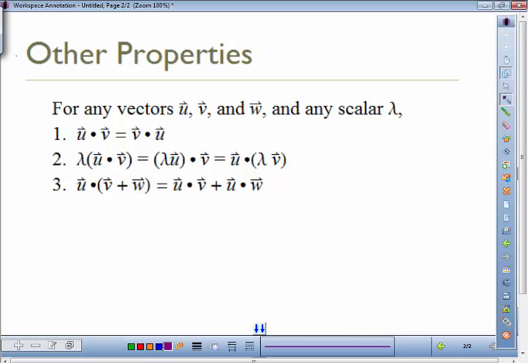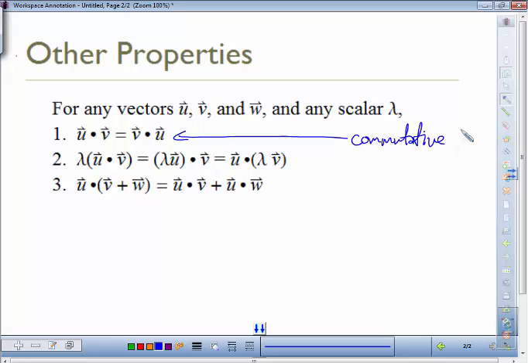And we can label these if we want or say comments about it. The first one is saying that it's commutative. The order doesn't matter. We kind of saw that in the algebraic definition, and you can also see it in the geometric definition. Just by changing the order, you're just changing the order in the multiplication, and we know that multiplication is commutative, so that's not that big of a deal.